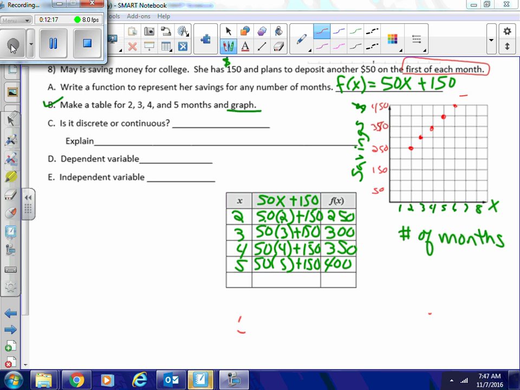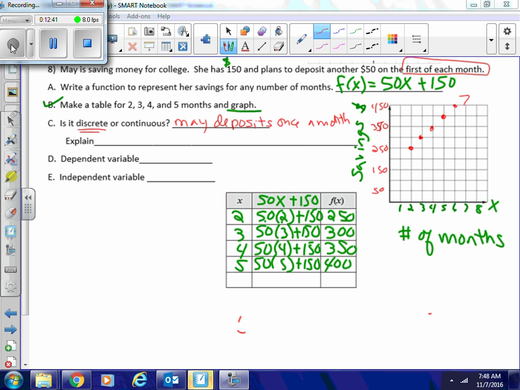There could be an arrow, but I'm not going to connect it with a line, and that's why this is discrete. May deposits once a month only. Oh, so it's discrete.